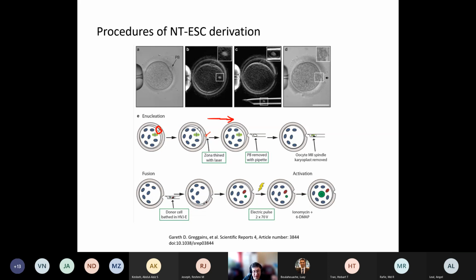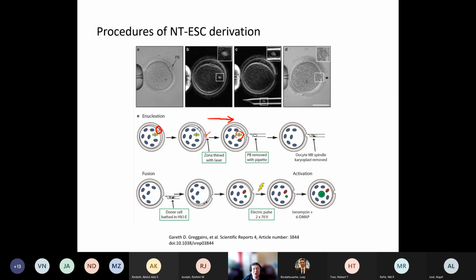You push through the zona, and then you take the first polar body away, and then from the same spot, you remove the oocyte metaphase spindle. That's this thing, the nucleus of the oocyte.